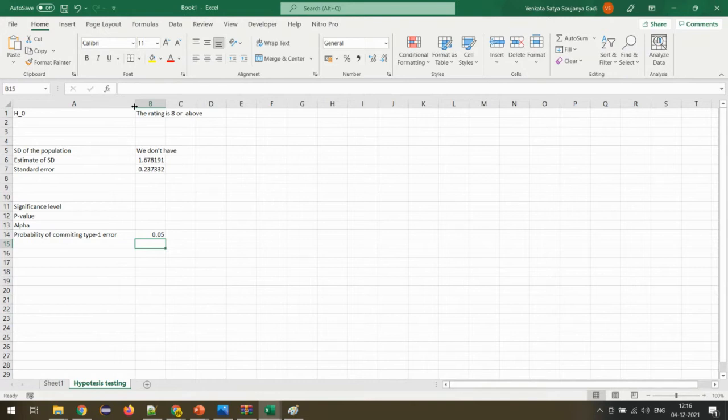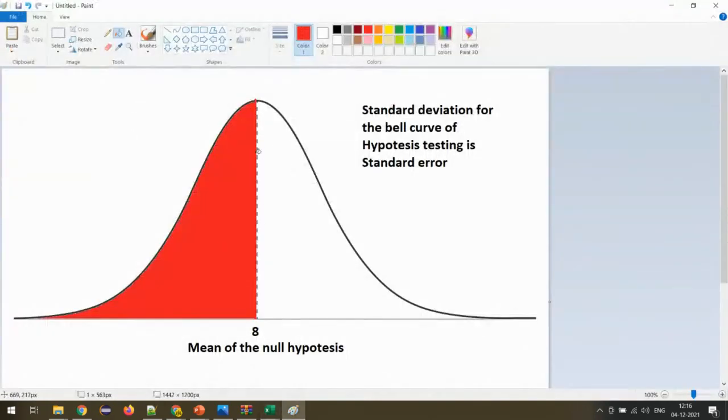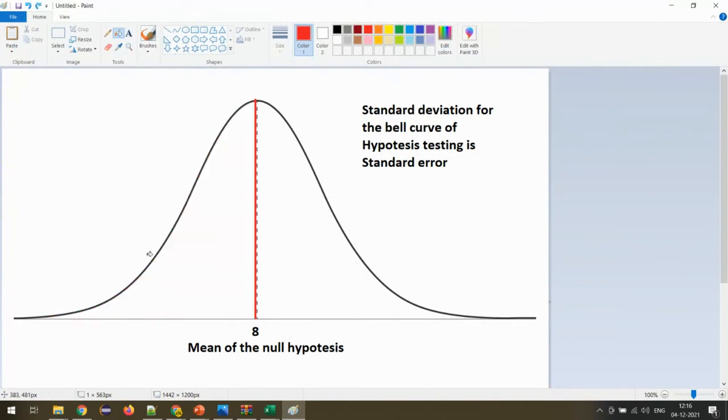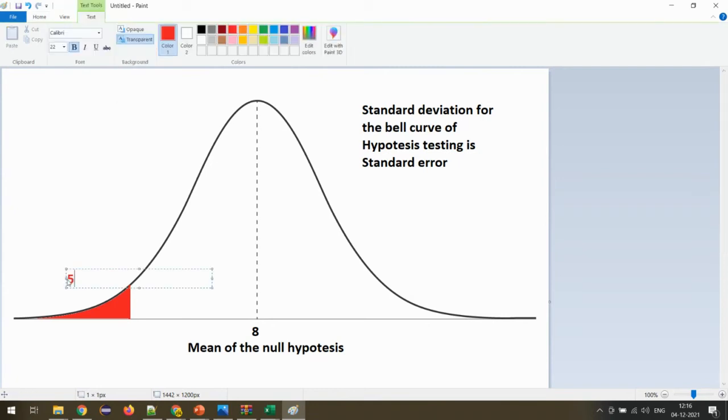So we can't draw a line here and paint all this. We have to paint only 5%. Only 5% is possible error. So we draw a line in such a way that the area painted in red is only 5%, and all the white region is 95%.